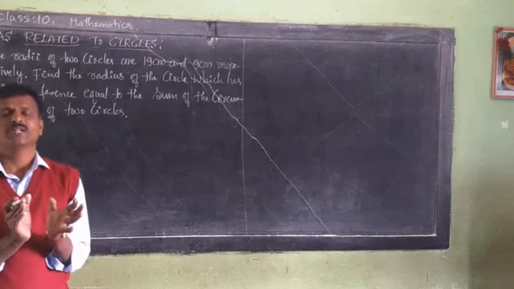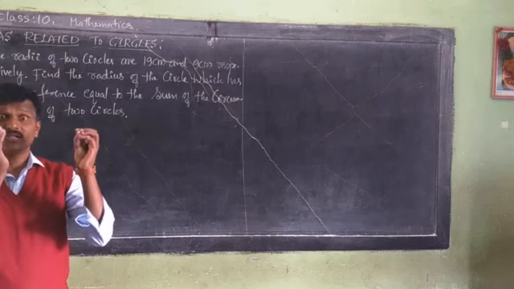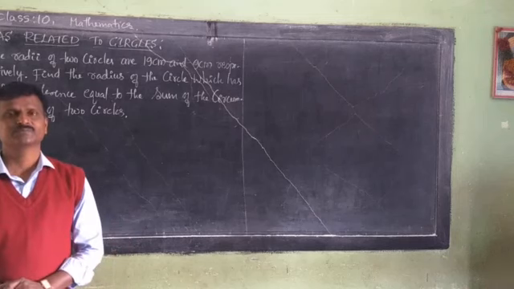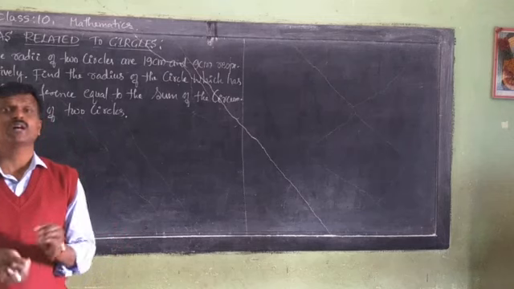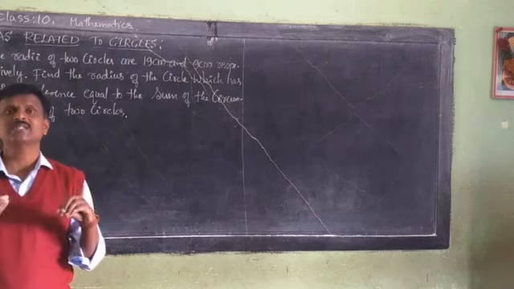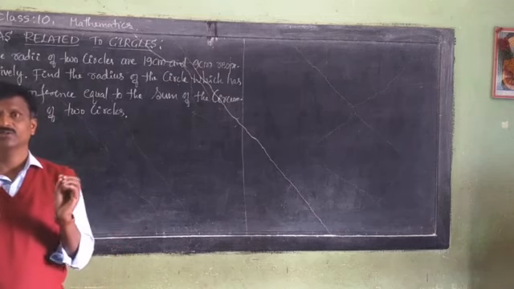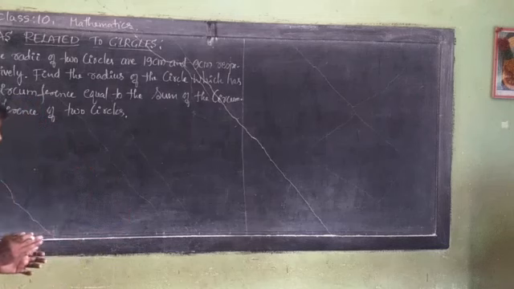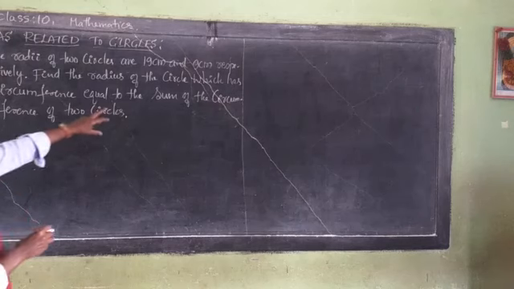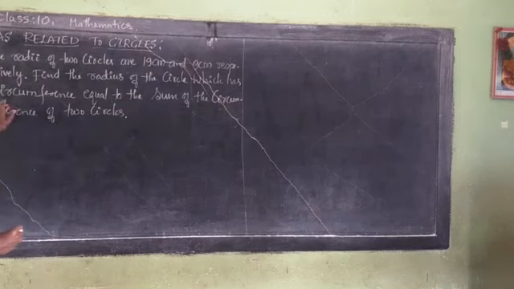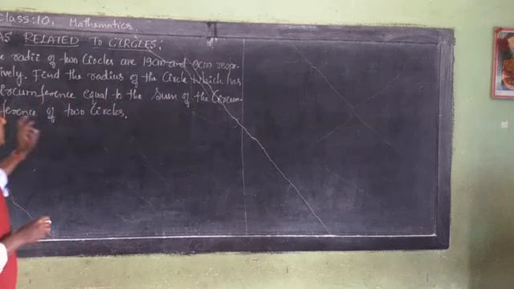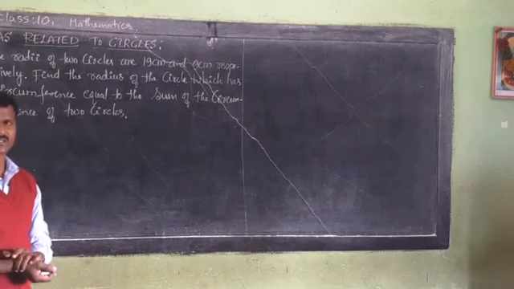After finding the circumference of two circles, you have to add the circumferences of those two circles and then find the radius of the circle which has circumference equal to the sum of the circumference of two circles.